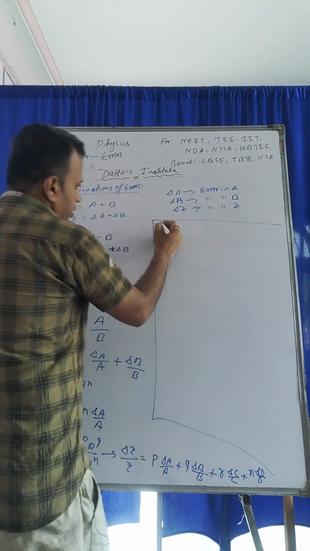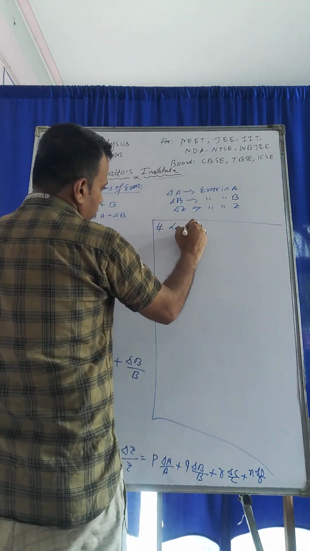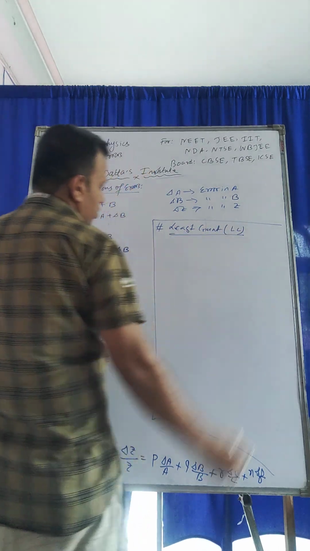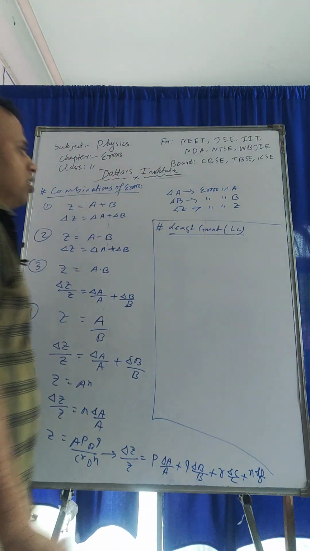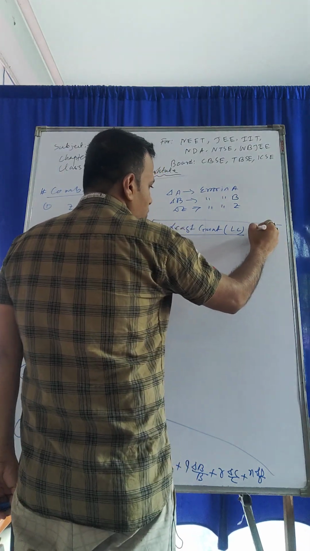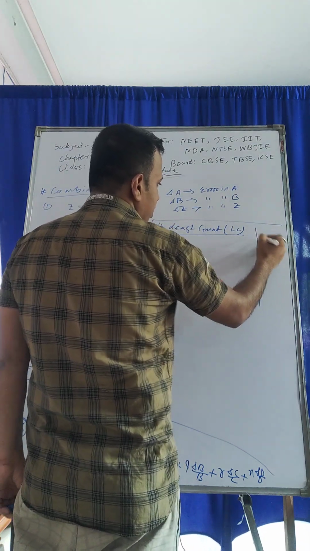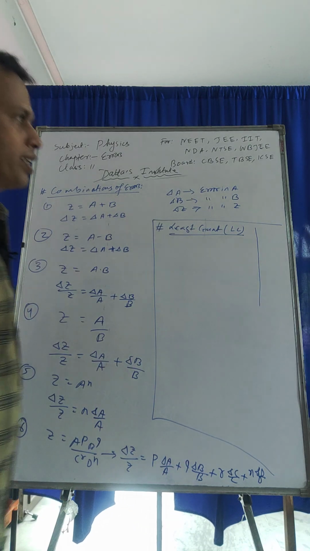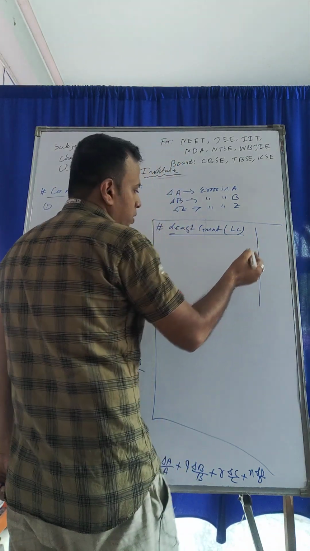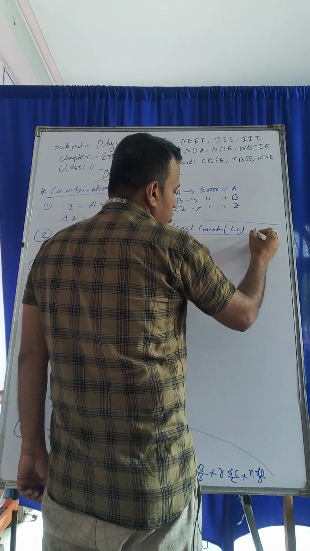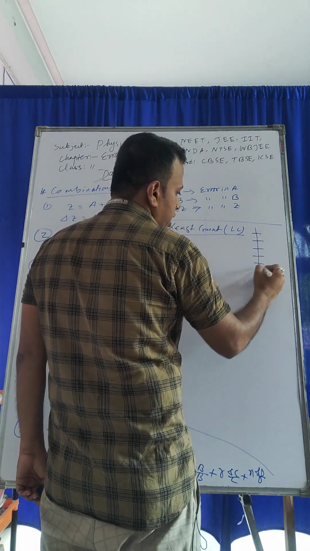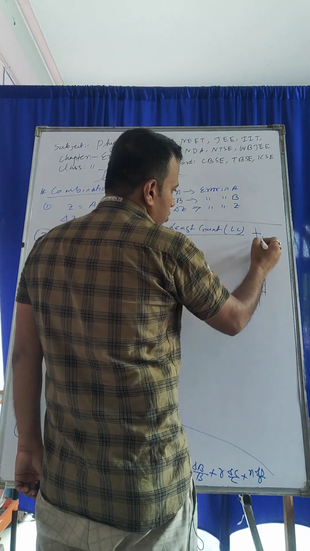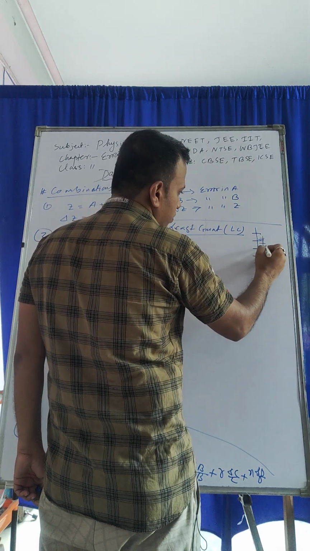Now the next topic is least count. How can we calculate least count? That is LC. Okay, so there is a scale. Those students who are in class 11 will have a practical experiment with Vernier calipers. There is a main scale, and there is another scale which is smaller in marks.